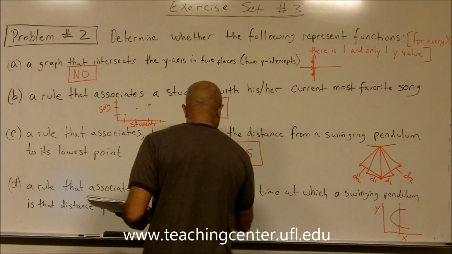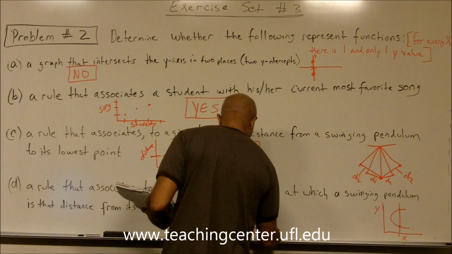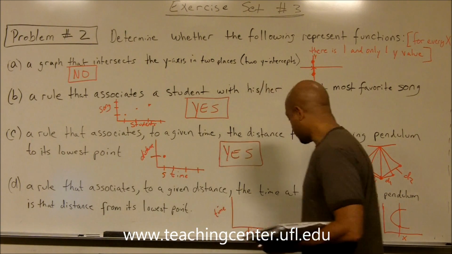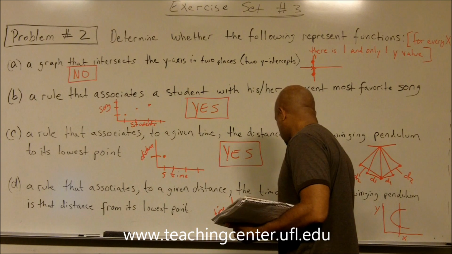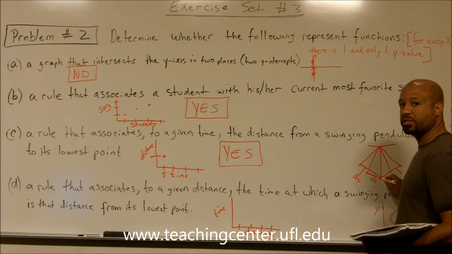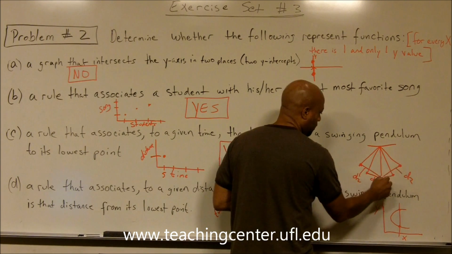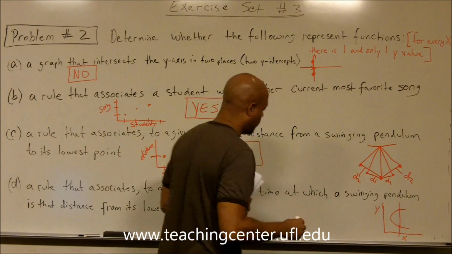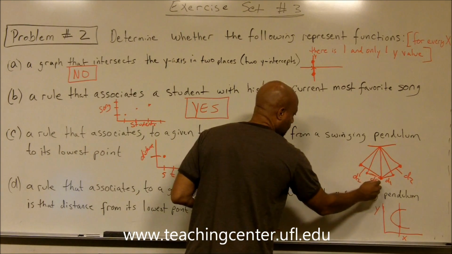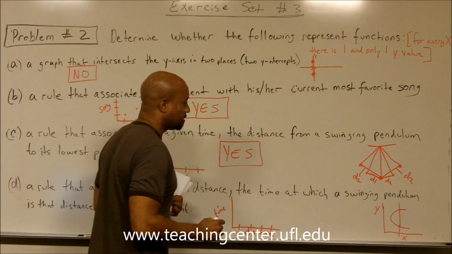So if we have now our distance on the x-axis and our time on the y-axis, well, we know that, let's say this point to the lowest point is d1, and this point to the lowest point is d1, and this point to the lowest point is d2, and this point to the lowest point is d2. Let's say this distance d1 is 5.